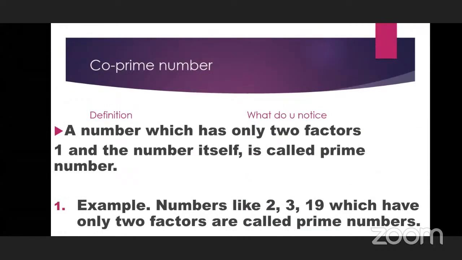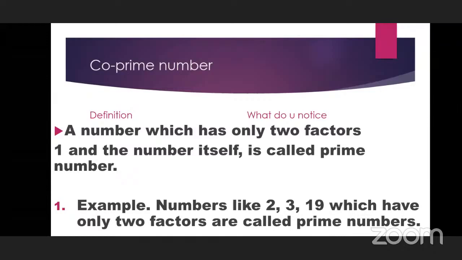So next here, co-prime numbers. So co-prime numbers are given here, but before that we take the definition of a prime number.